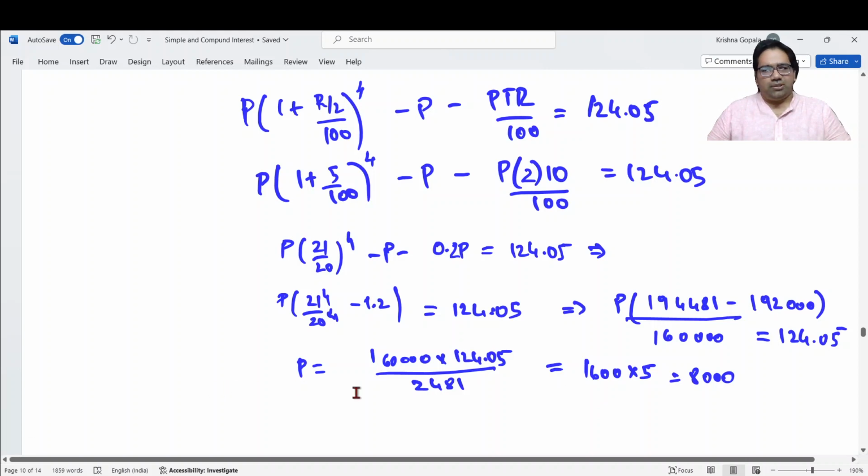Right. So the principal becomes 1600 into 5, which is 8,000. This part is 2481. This into this by 2481, this goes 5 times. Removing the two zeros here, 2481 into 5.